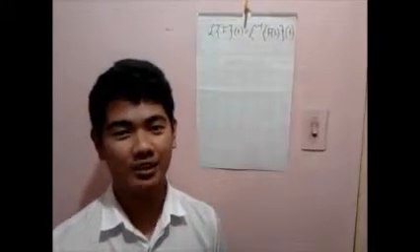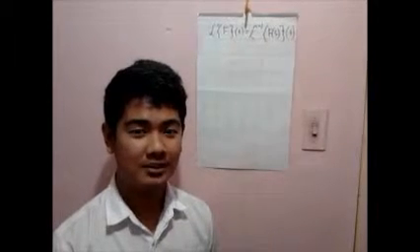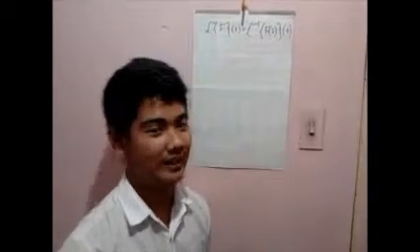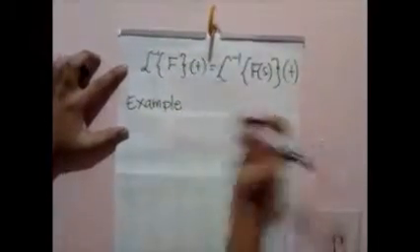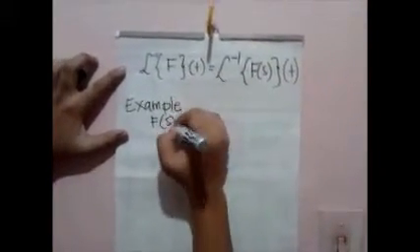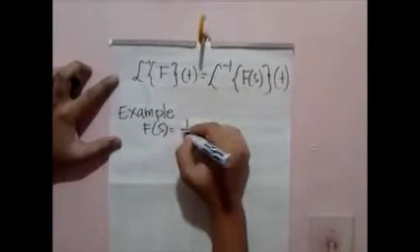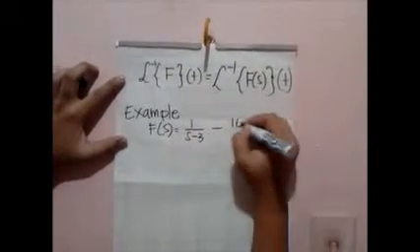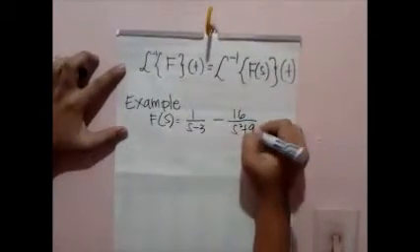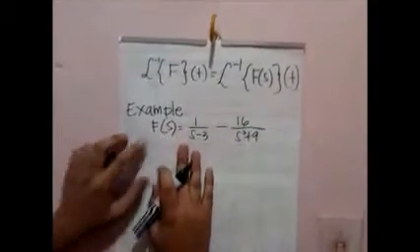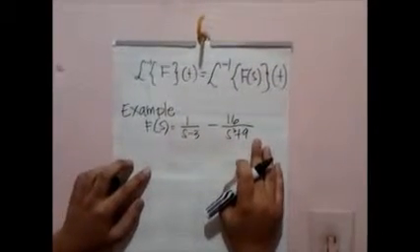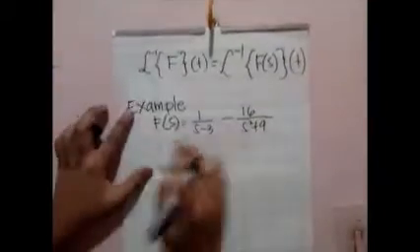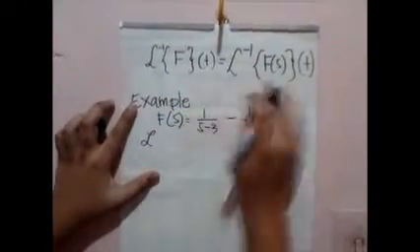Now, let's have an example in transforming Laplace in an S domain into a T domain. For example, if we have this function which is in S domain, and if we want to transform it into T domain, we will do this formula.